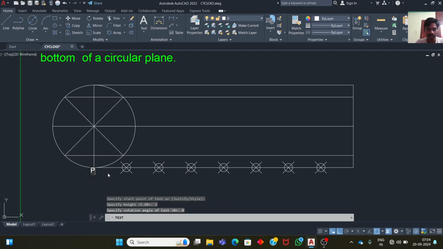So this is the point P, and first point 1, second point 2, and third point 3. Like that we have to give up to 8 points.